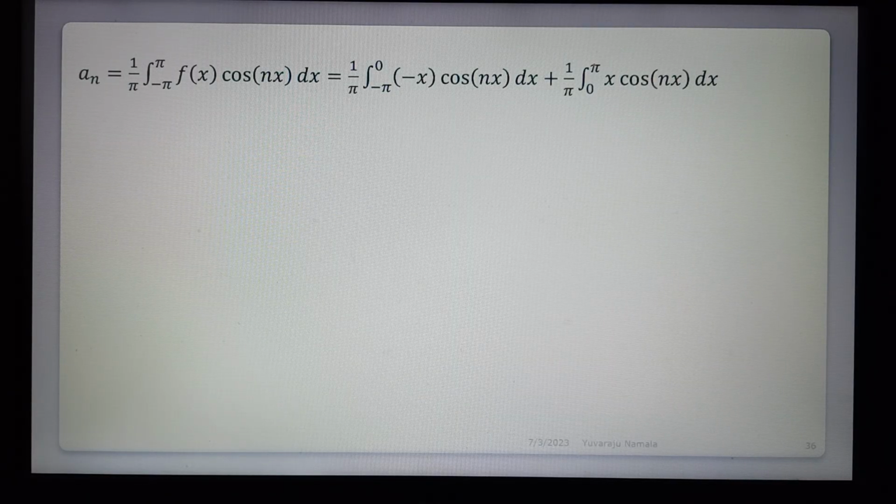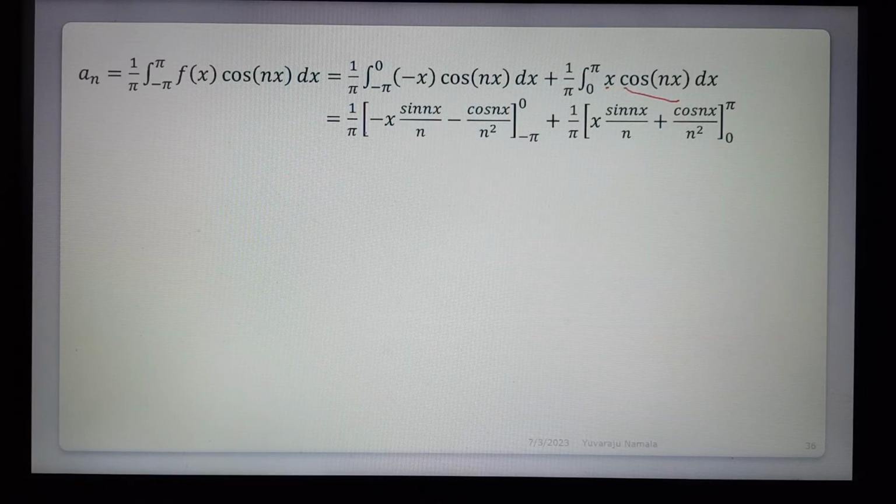Now we integrate by parts, the u dv method. For the first, -x times the integral of cos nx, which is sin nx/n, minus the derivative of x, which is 1, times the integral of sin nx, giving minus-minus-plus cos nx/n², limits -5 to 0. Plus 1/5 times x sin nx/n minus 1 times minus-plus cos nx/n², limits 0 to 5.